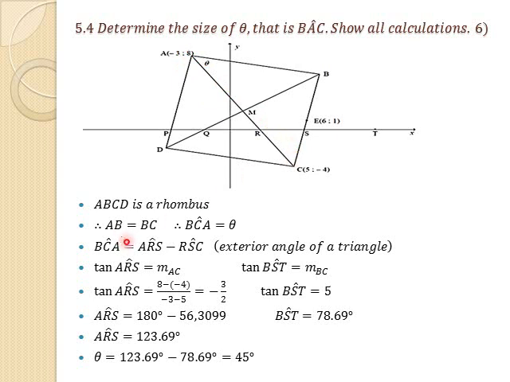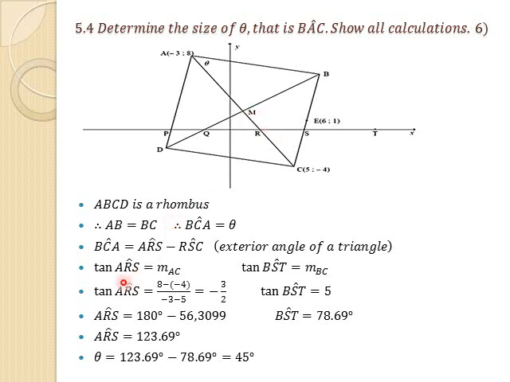BCA would equal ARS minus RSC. When I say ARS, this is the exterior angle of a triangle, which equals the sum of the two opposite interior angles. So RSC plus this angle must equal the exterior angle of the triangle.